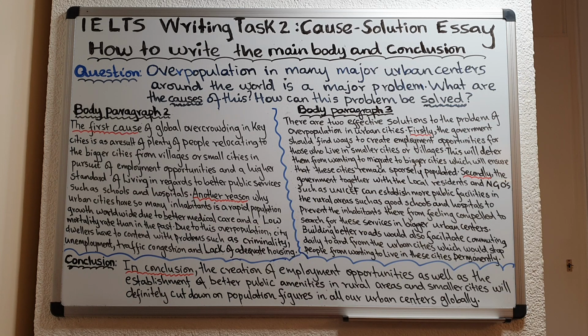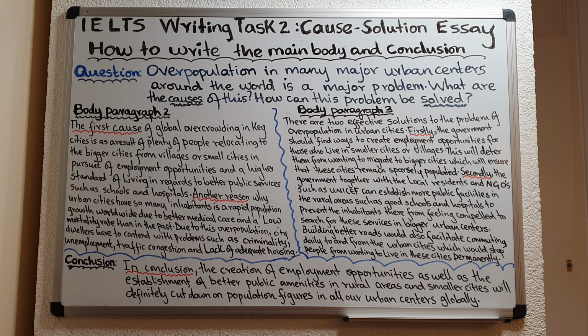Okay? Now, the second solution to the problem of overcrowding or overpopulation in large cities is that the government, together with the local residents. Local residents are the people who live in a certain area. Like, for example, in the village, you have the people who live there. We call them residents, okay? In your street where you live, you are a resident there.